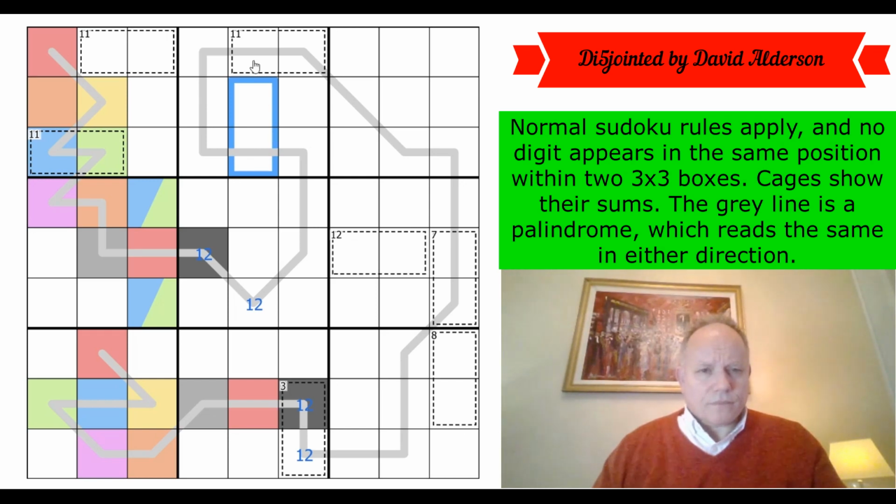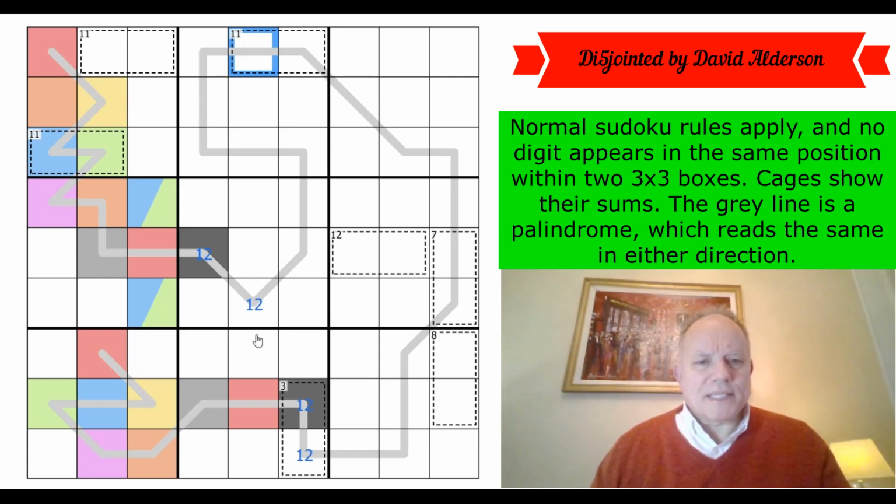So, no, it could be in there. Hang on. These numbers on the palindrome, maybe they see these cells. Right, 1, 2, 3, 4, and then 7. 1, 2, 3, 4.